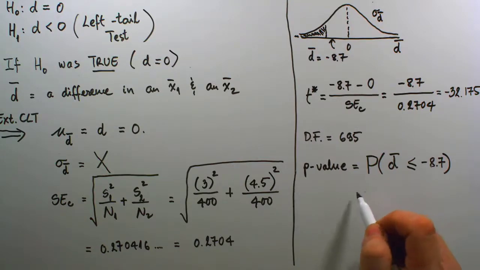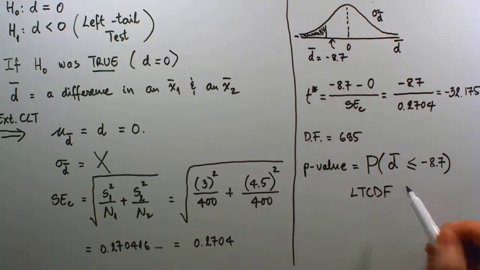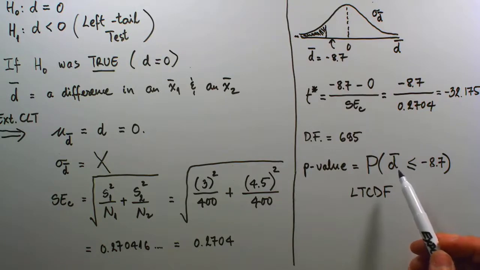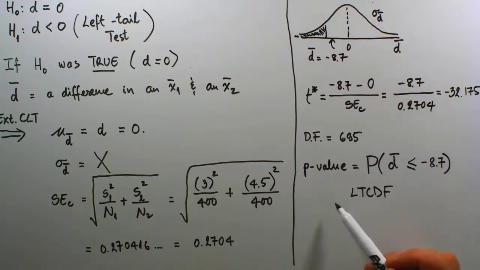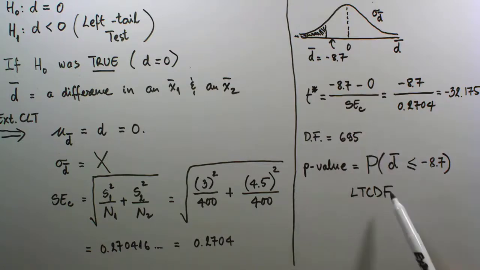I am going to run my LTCDF program. And so again, all that past understanding about how to run a t-test, how to use a t-test, is applied here. We're now going to run our LTCDF program.